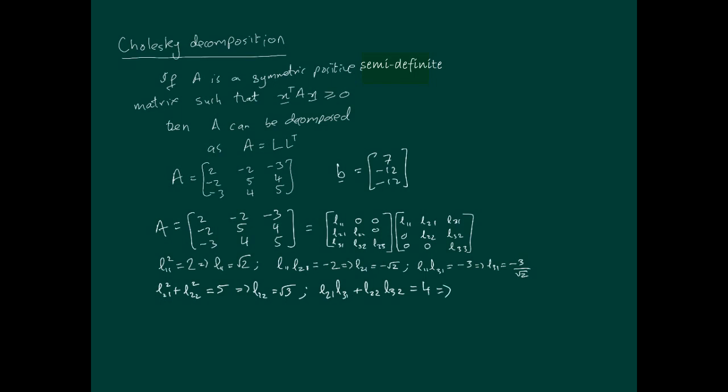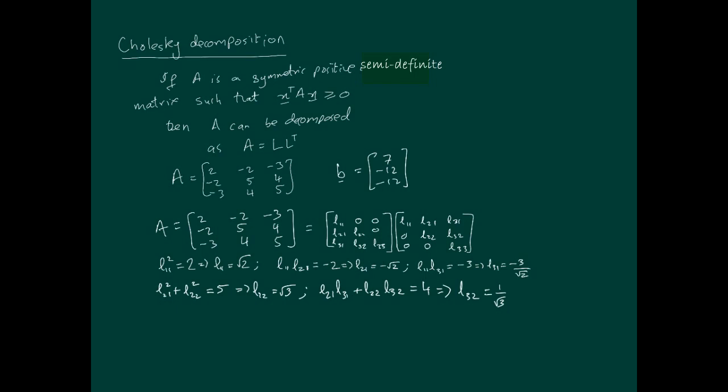We already have L21 and L31, and we have L22, so we can easily find L32. This implies that L32 is equal to 1 over square root 3.